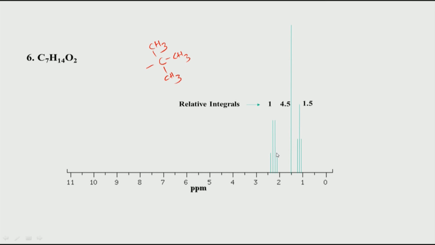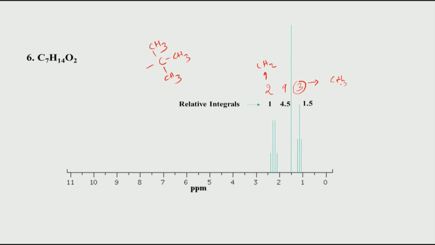Now, we have seen a quartet and a triplet. Typically, if you multiply this by 2 you get 3. So, what has happened is we have rescaled this integral. We call it 2, 9, 3. Now, whenever you see 3, it means it is a CH3, and this is a CH2, because 2 hydrogens.